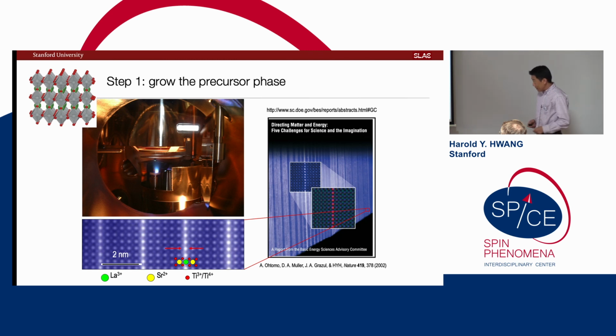And we've been collectively getting pretty good at making fairly precise superlattices, interfaces, and heterostructures using various growth techniques. Both MBE and PLD are in the audience. So that's how we're going to grow this perovskite version of the nickel.